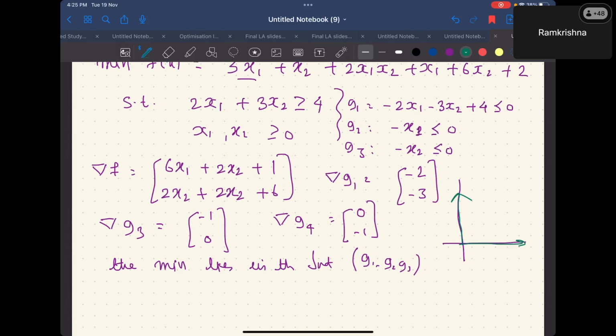When x2 is 0, x1 is 2, and when x1 equal to 0, x2 is 4 by 3, something like that. So this is that line, and my constraints lie somewhere here. This will be the region such that 2x1 plus 3x2 is greater than or equal to 4.